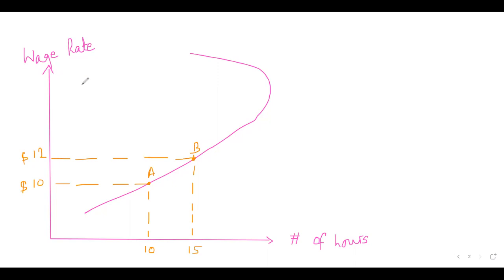So up till this wage rate where there's a bend, the person is willing to work longer hours when the wage rate increases. Up till this wage rate, which could be $20 an hour or whatever, the higher the wage rate, the more hours this person wants to work.